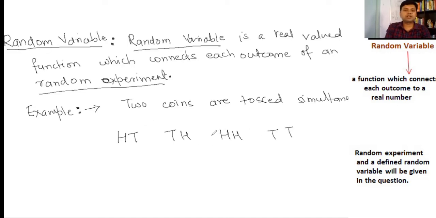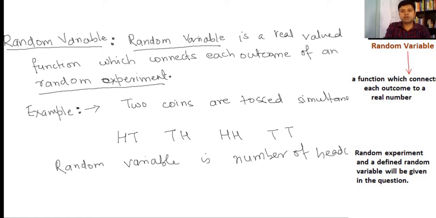Once we have the random experiment and its outcomes, we must define the random variable. So the random variable I'm defining here is the number of heads in the outcome. Let us take one outcome and see the value of that random variable.